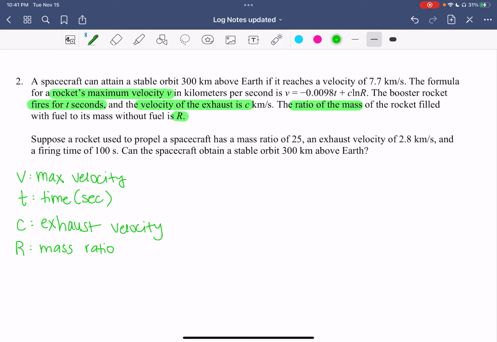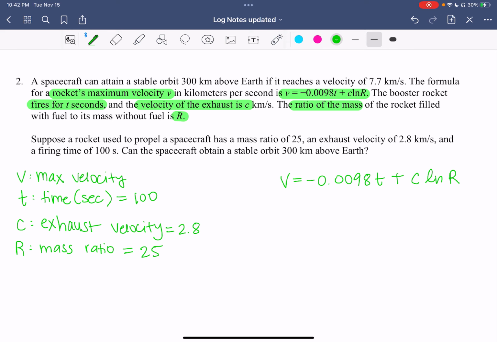Then we can get into the actual numbers. The mass ratio is r, so r is 25. Exhaust velocity is c, so c is 2.8. Firing time is 100 seconds, so t is 100. And the equation is v equals negative 0.0098 t plus c times the natural log of r.